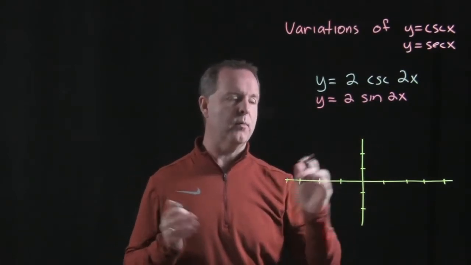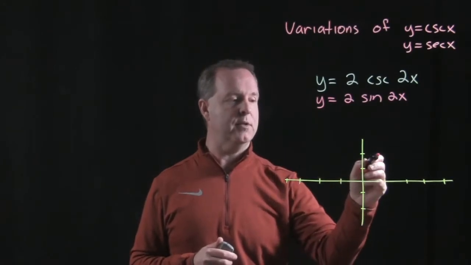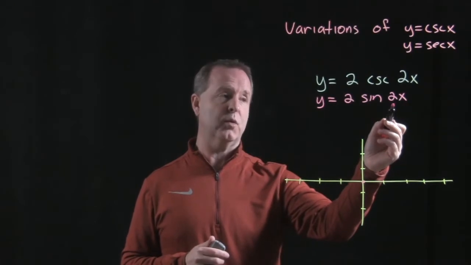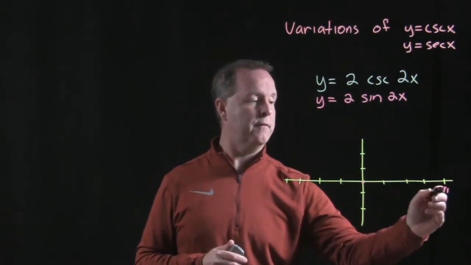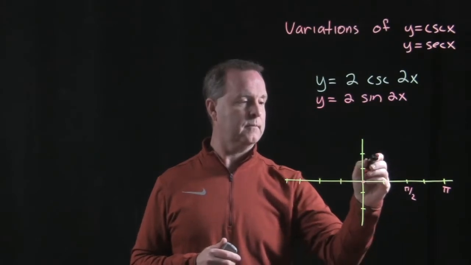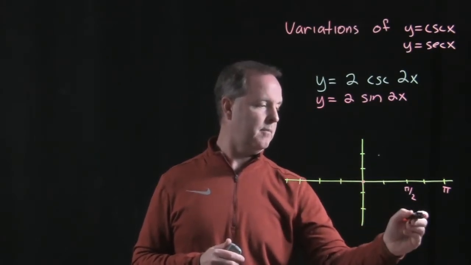Well, if we go back into our memory, we have an amplitude of 2. We have a period that is shrunk by a factor of 2, so a full period runs a pi. I have a maximum there and a minimum there.